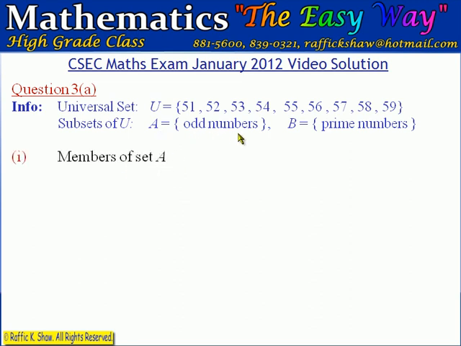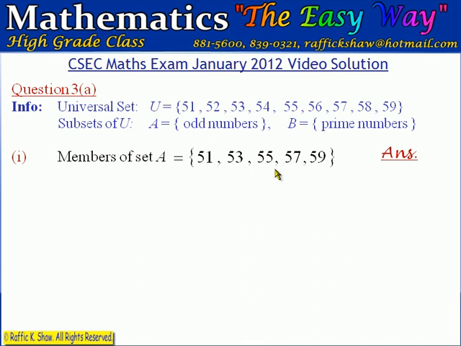Now set A are the odd numbers in this universal set. And those are 51, 53, 55, 57, and 59, the odd numbers that are in the universal set. So that is set A. And then set B are the prime numbers.